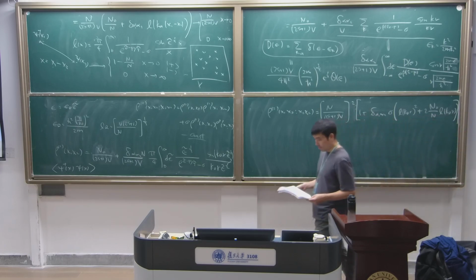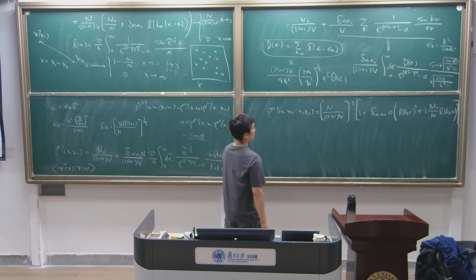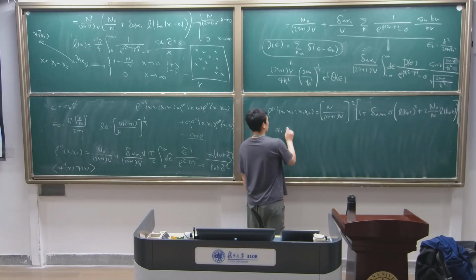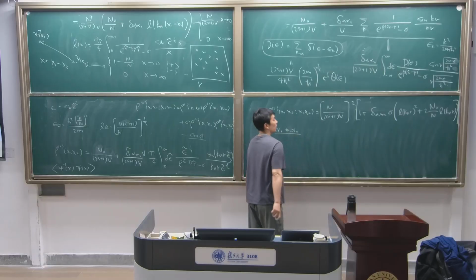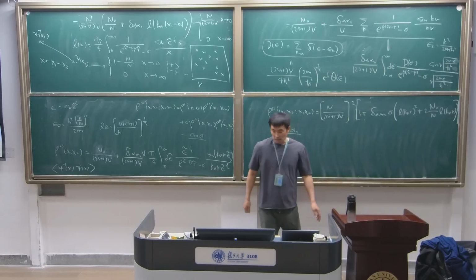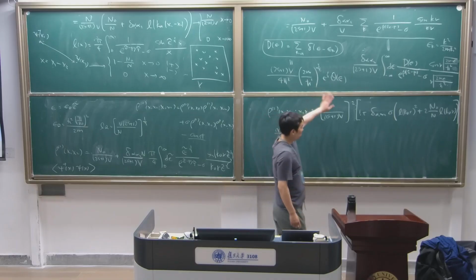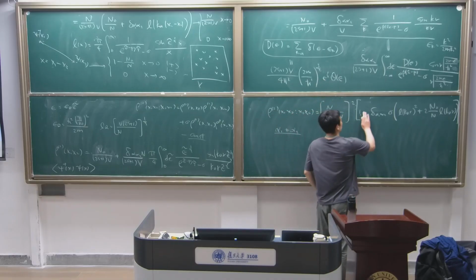So let's look at what it means. The first case is when alpha 1 is not equal to alpha 2, the spins are different. It becomes just 1. So the overall normalization is actually not important.